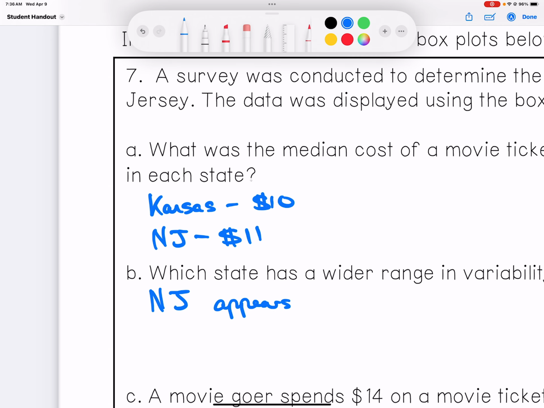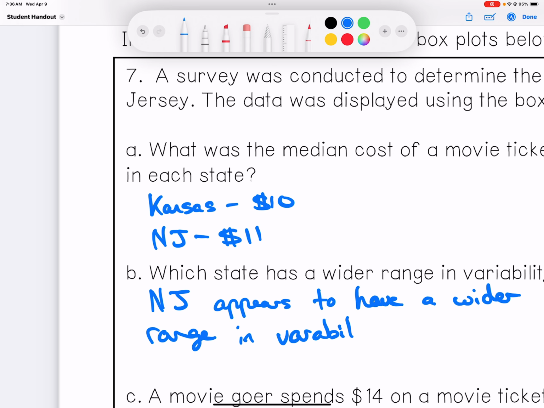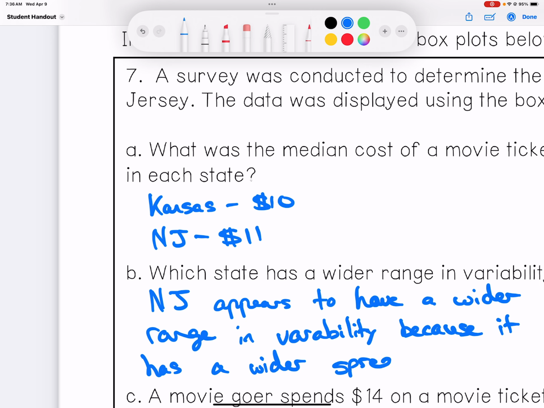New Jersey appears to have a wider range and variability because, here's the important part, because it has a wider spread. If you want to be technically correct, you put spread of data, but you could just put spread.